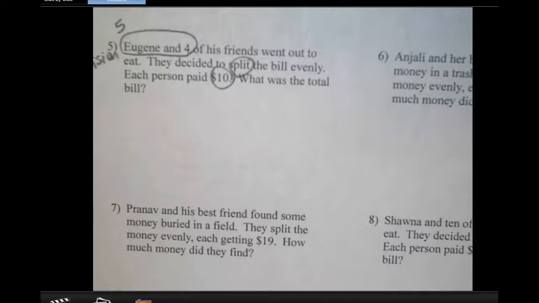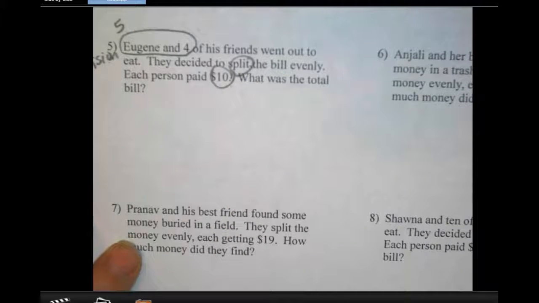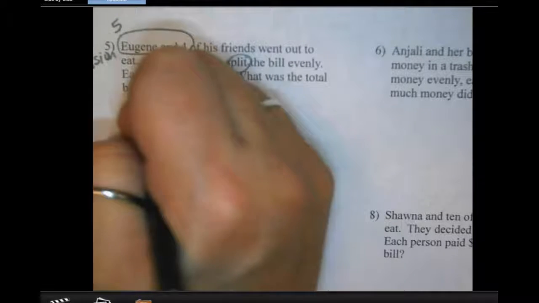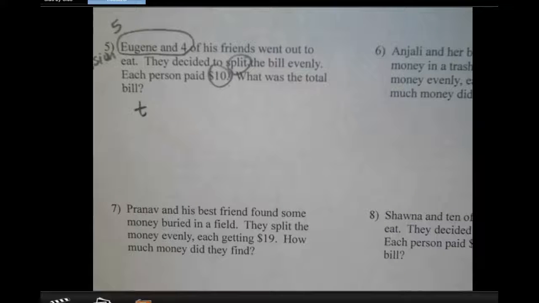Okay. What was the total bill? Well, so we have some information here, right? So we want to know what the total was, right? T. So is it really division? No. It's multiplication, right? But is it really multiplication?